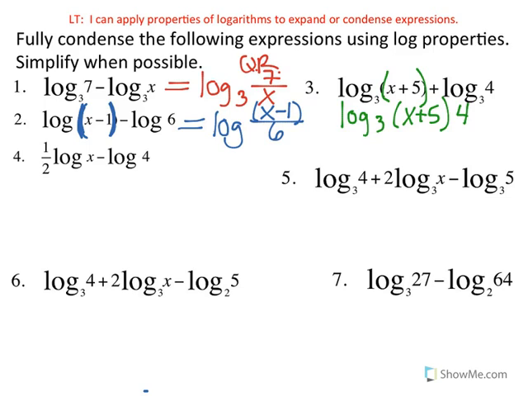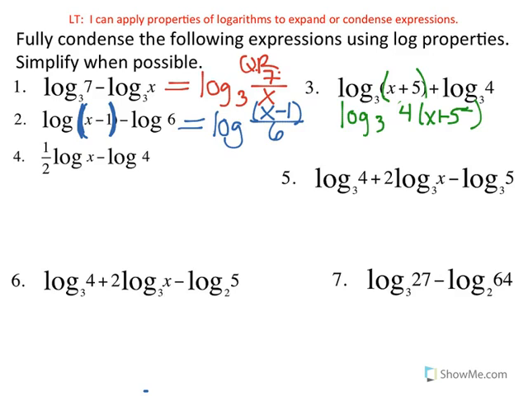Now, if you're like me, that looks weird. I don't like that at all. I always like to put any coefficients up front, and so I would have written that step, and then my next step would have been to rewrite it like this, just because I can't stand having a coefficient behind parentheses. I like to have it in the front so that I can distribute if necessary. And so this is a final answer.